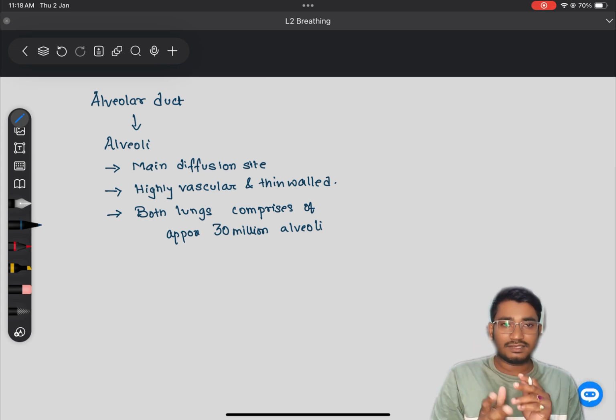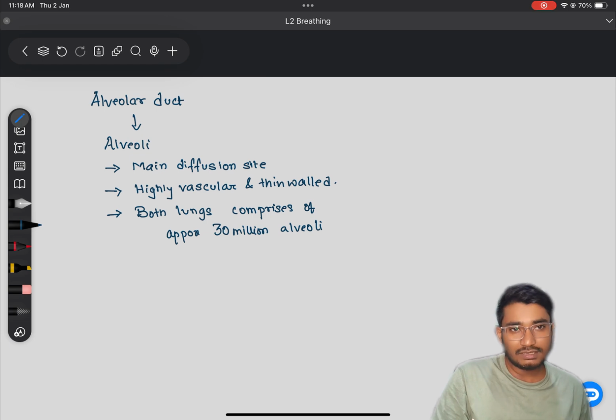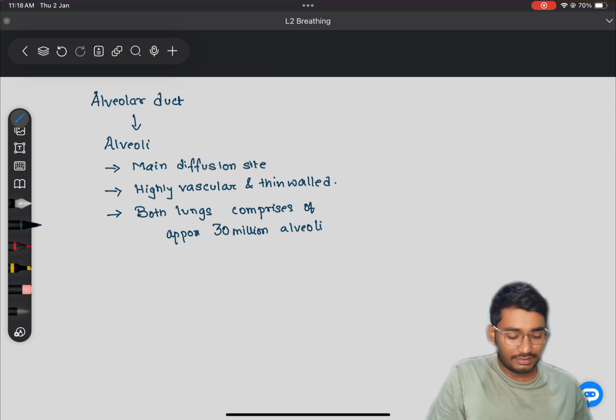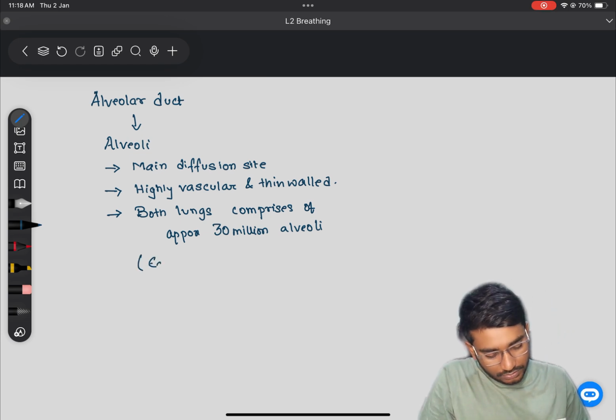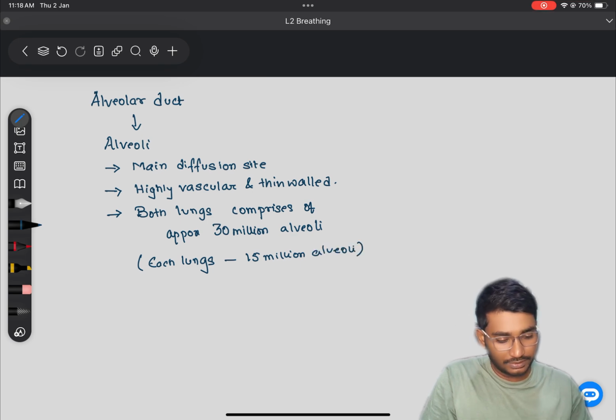We have one pair of lungs, that is two lungs. Each lung carries approximately 15 million alveoli. So each lung, 15 million alveoli.